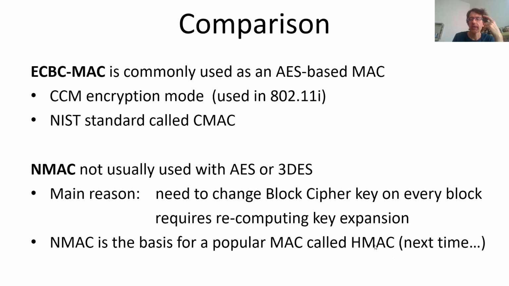And basically HMAC can be seen as an instance of this for a particular block cipher for which changing the key actually is not going to be so costly. And once you instantiate things this way, then you see that there is hardware on which this can run very fast.